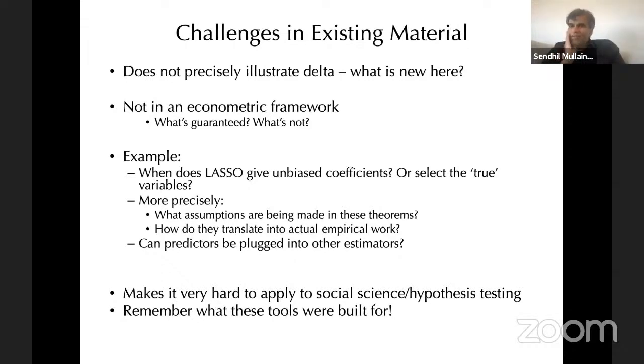And one reason you should be very wary is to remember what these tools are built for. I want to pause here because this is probably the biggest difference between these fields that has really blown up in the last 5 years. We use statistics because we need hypothesis testing. Machine learning was not built using statistics for hypothesis testing.